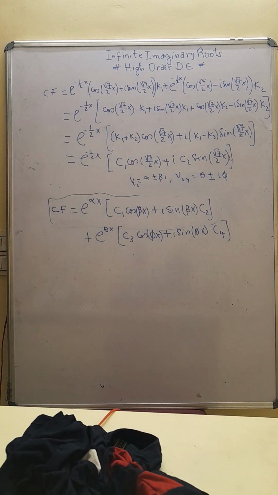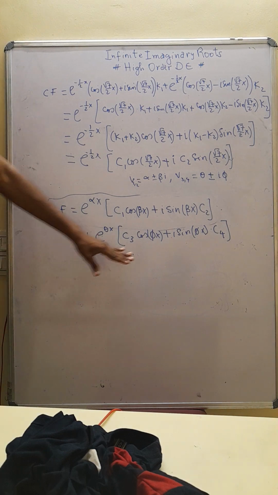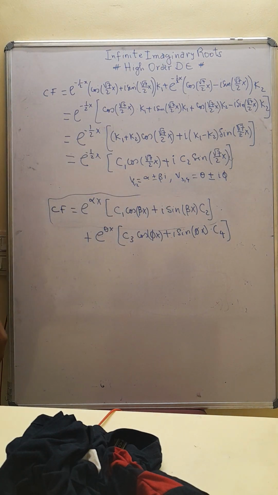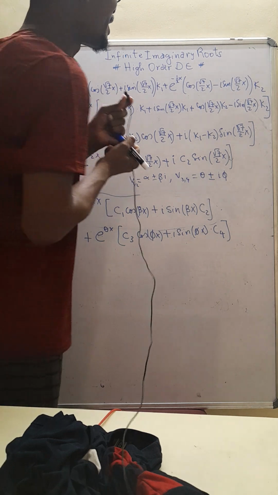Then suppose you have more and more, infinite, you just write in this way. And that is how we demonstrate infinite imaginary roots that are different.